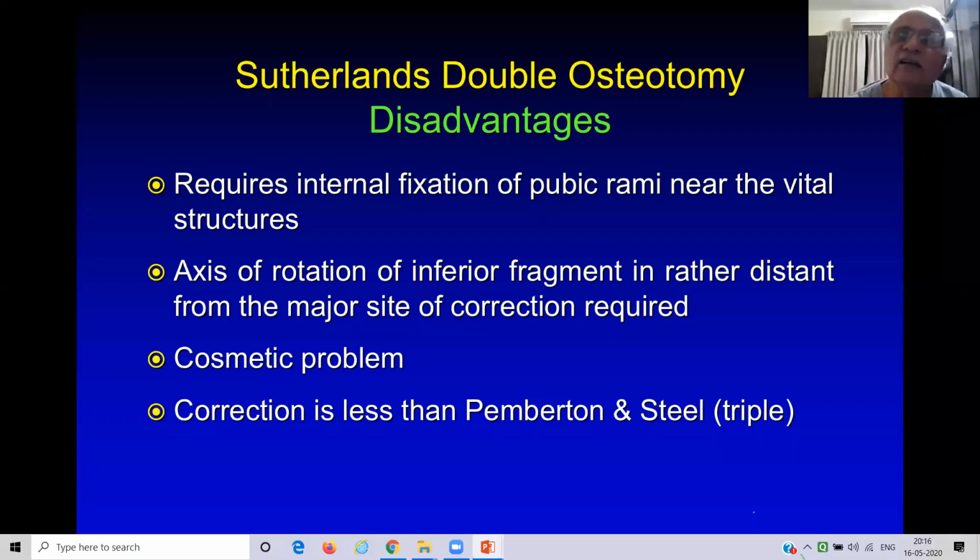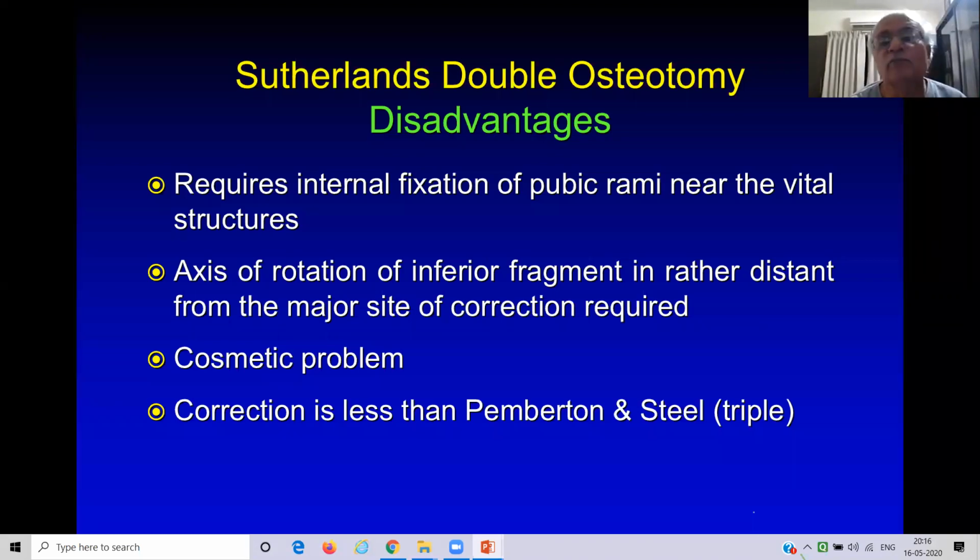Hinge is still on the longer side. Cosmetic problem in females because you are taking out the pubic symphysis part, it becomes a little ugly looking because the segment becomes problematic. So that's why people are slightly worried about doing this osteotomy. Correction is less than Pemberton, I told you, because you are away from the site of correction.